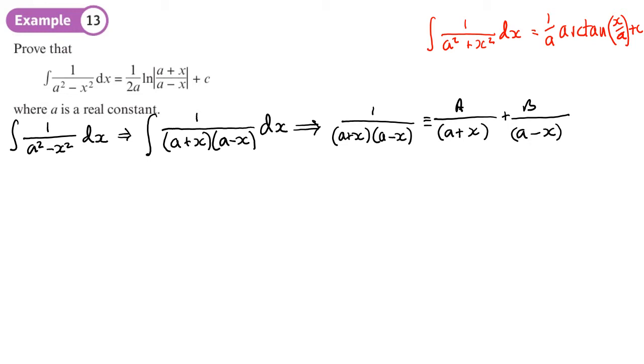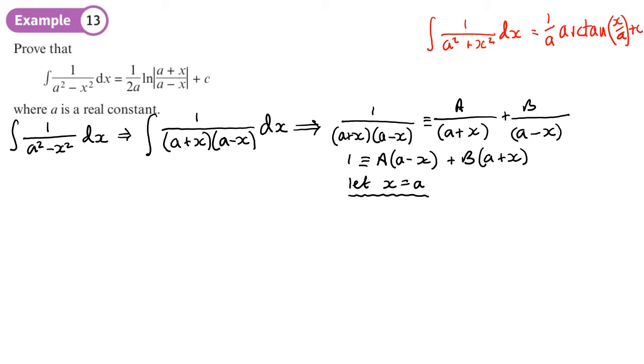So that means that 1 is equivalent to A times a minus x plus B times a plus x. So let's make x equal to a. So this is unusual because normally we're making x equal to a number, but in this case we've got letters in the denominator.